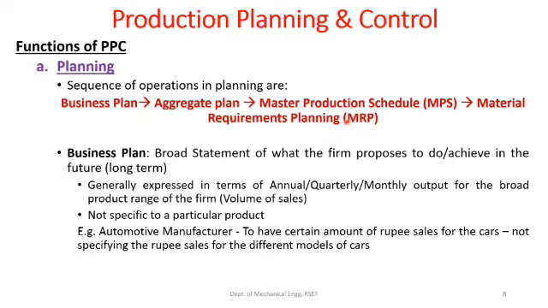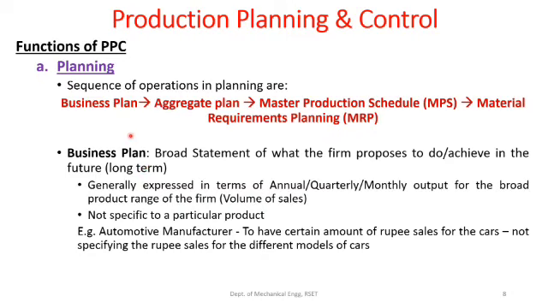So this is the sequence of operations that are carried out in planning. It starts off with the business plan, then you specify the aggregate plan, you make the master production schedule and the materials requirement plan.